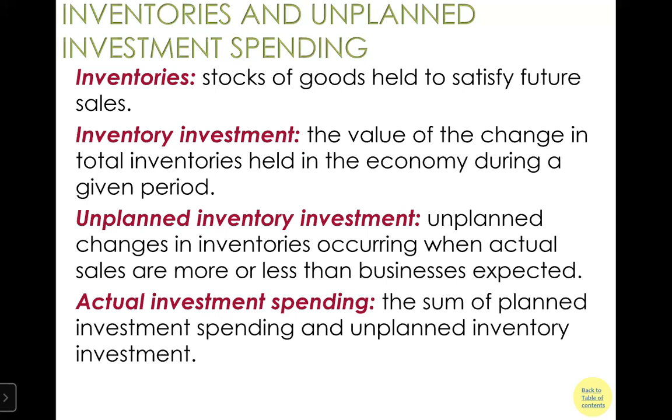It is an unplanned change in inventory occurring when actual sales are more or less than businesses expected. If demand is very weak, unplanned inventory investment will be positive. If demand is very strong, unplanned inventory investment will be very low or negative. Then actual investment spending is the sum of planned plus unplanned.